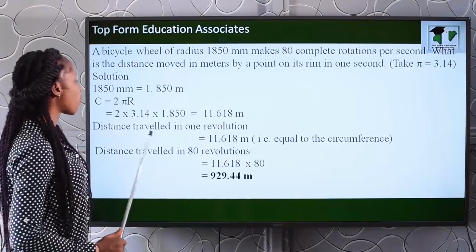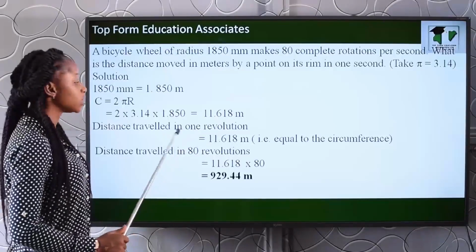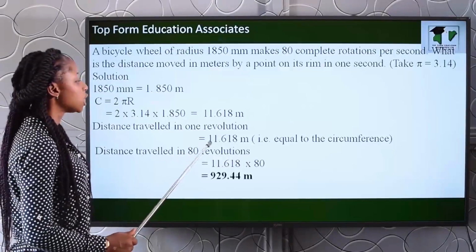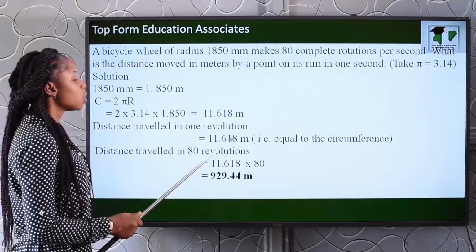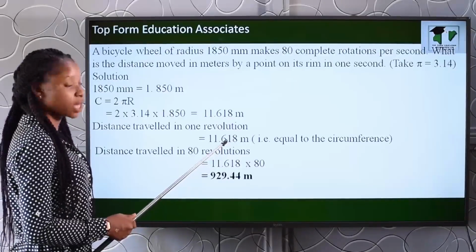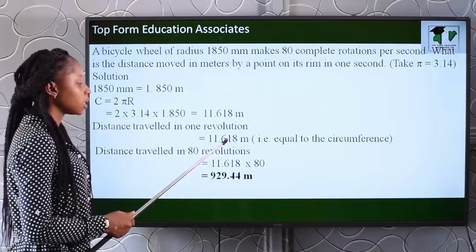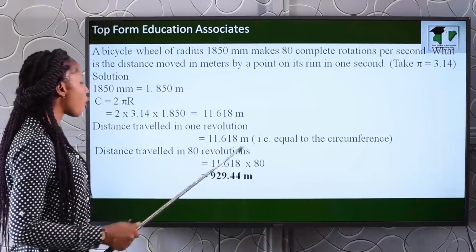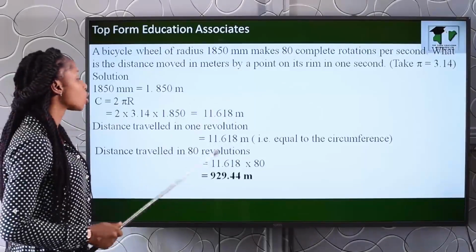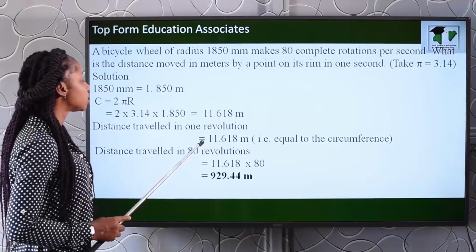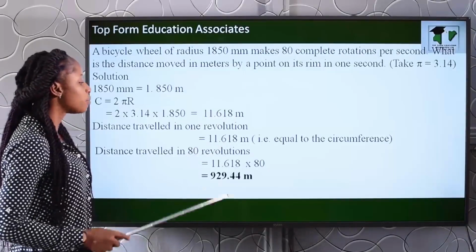So the distance traveled in just one revolution is 11.618 meters. Okay, which means this is our circumference or the perimeter. So therefore, to get the distance traveled in 80 revolutions, in 80 rotations, we'll multiply the distance traveled in one revolution by 80.